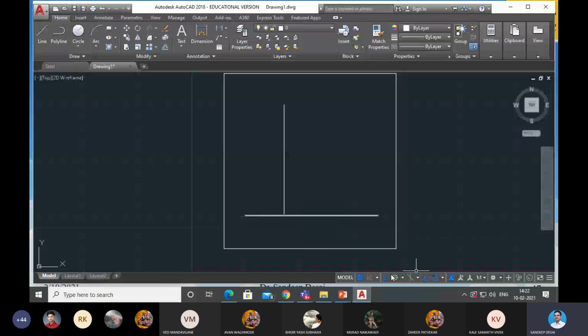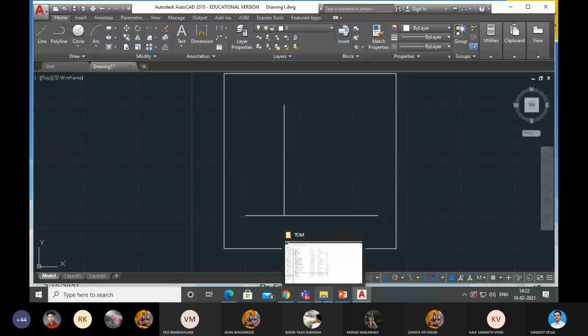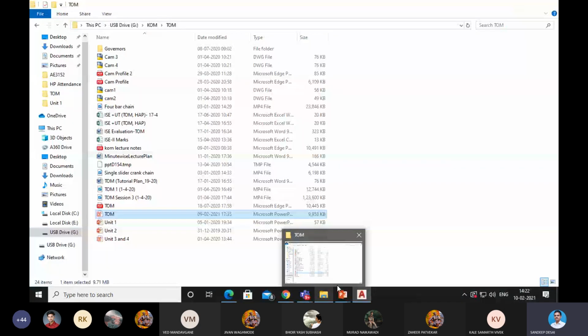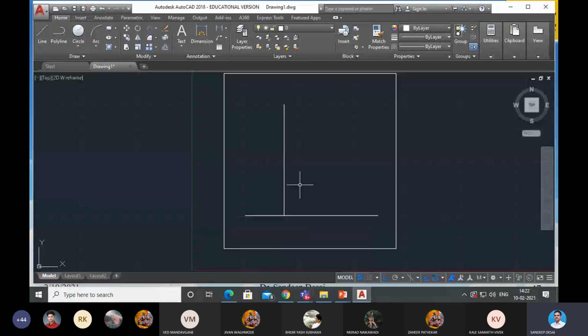I have to draw an inclined line whose length is equal to O2A, that is 50.8 mm. So what we should do? Shall we scale it up, or we have to draw it as it is? Let's say this is the point. Let us scale it up by 10.